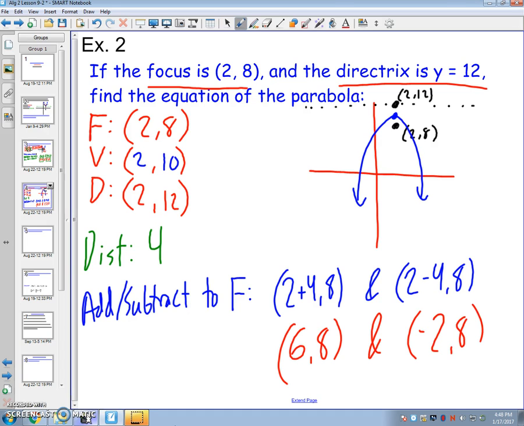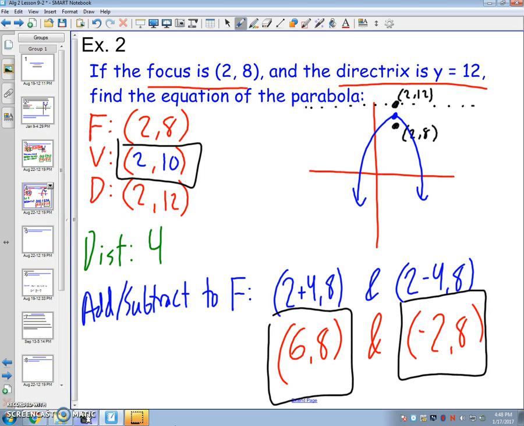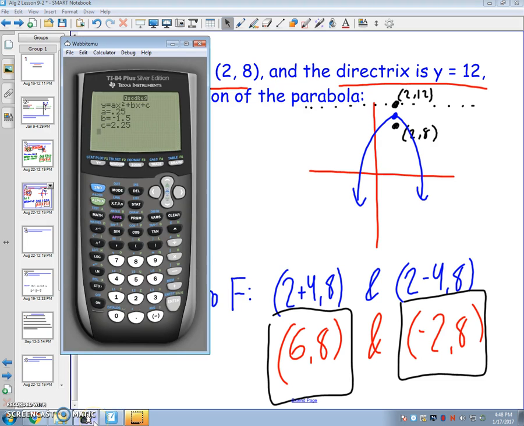With those 3 points, the vertex, this right next to the focus, and this right next to the focus, I can do regression. So for regression, stat, edit, type the numbers in: 2, 6, negative 2, and it was 10, 8, 8.